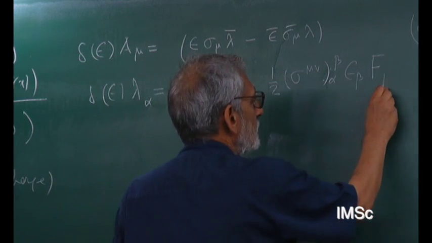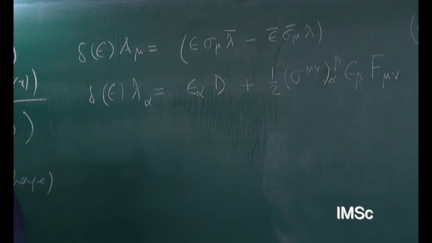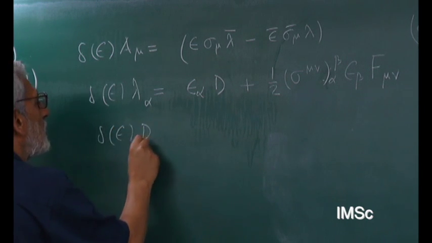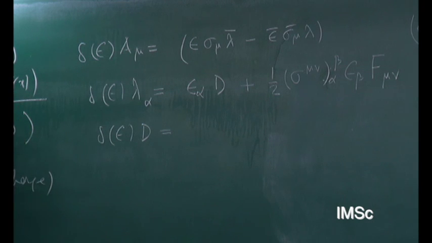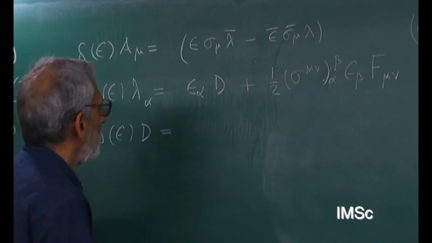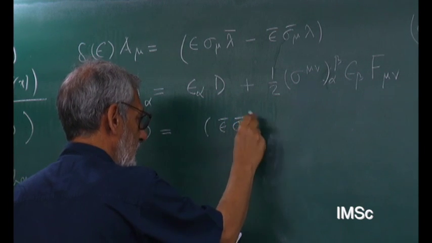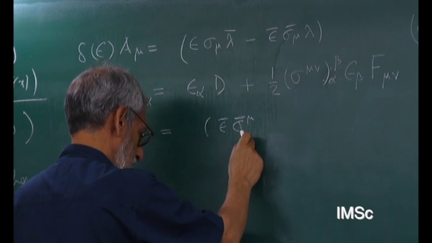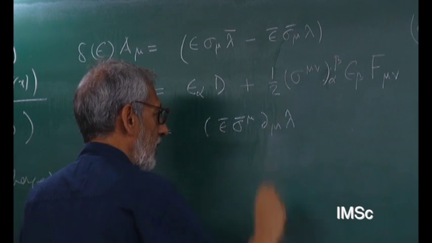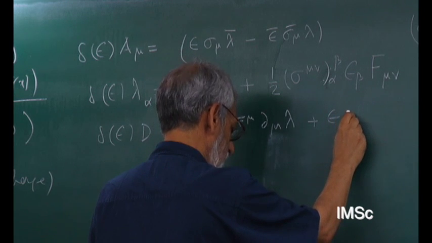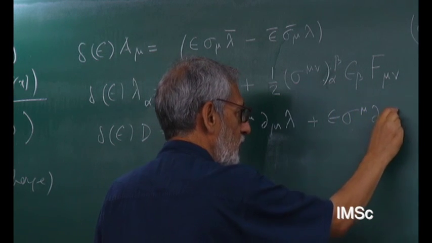Then we must prescribe the transformation property of D: epsilon bar sigma mu bar d mu lambda plus epsilon sigma mu d mu lambda bar.